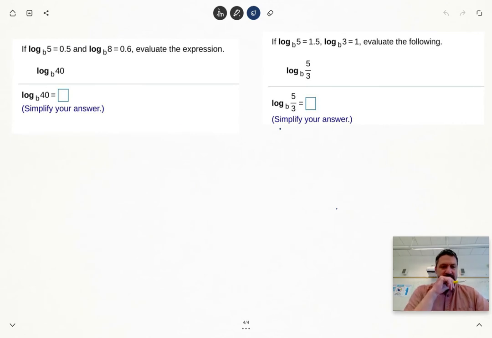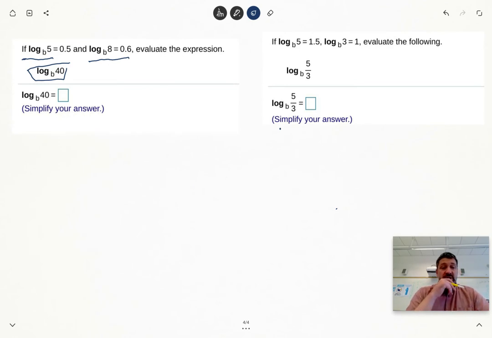Okay, so we're given that if log base b of 5 is equal to 0.5 and log base b of 8 is equal to 0.6, evaluate the expression. The expression is log base b of 40.